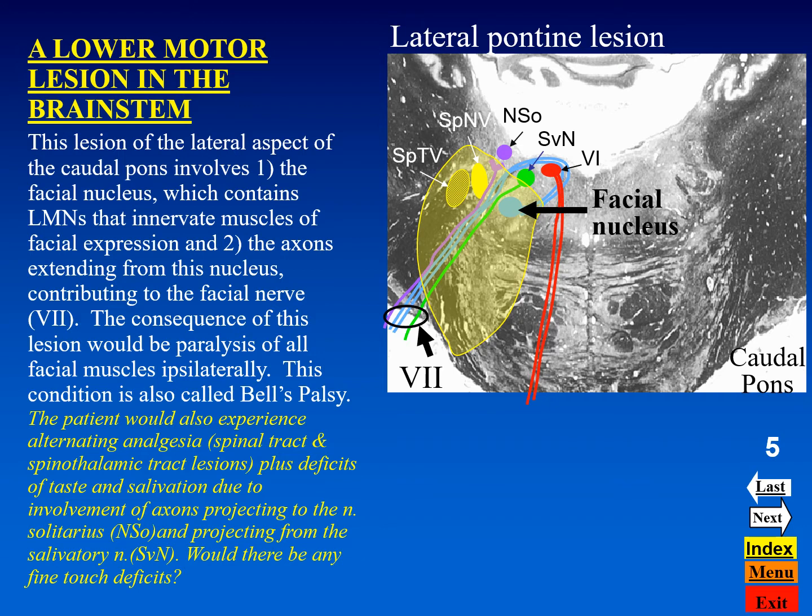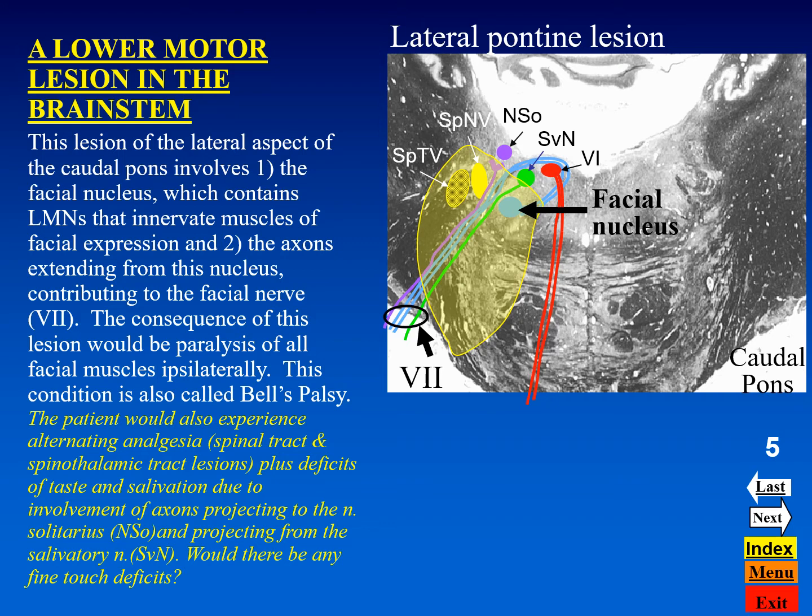Those 3 glands may be impacted and demonstrate deficits. And in addition, there's the nucleus solitarius, that is receiving taste fibers from the anterior 2/3 of the tongue on one side, and that patient may have some deficits of taste.